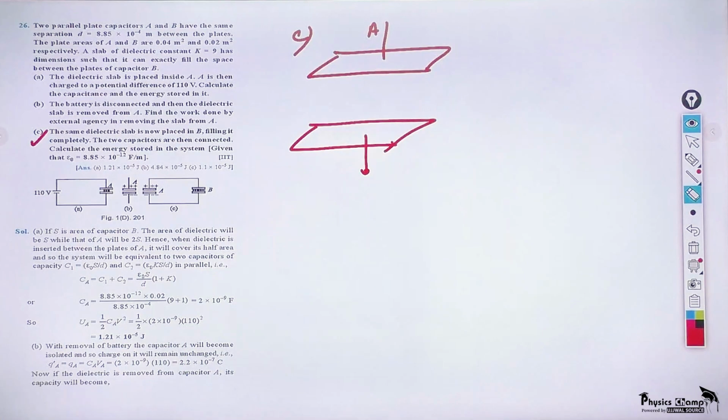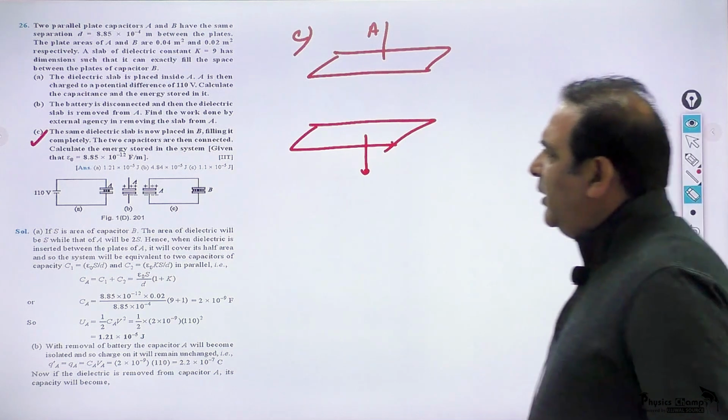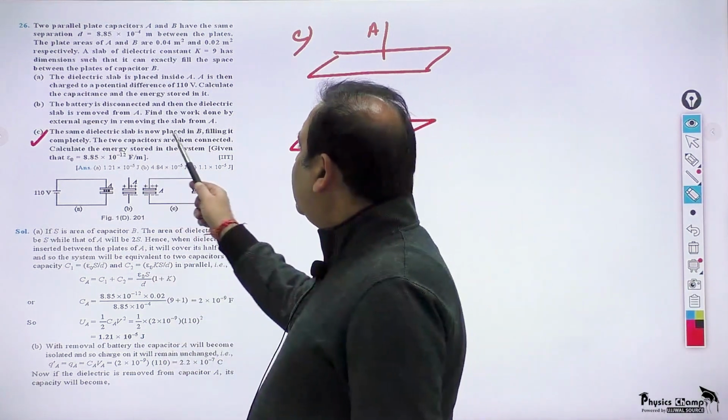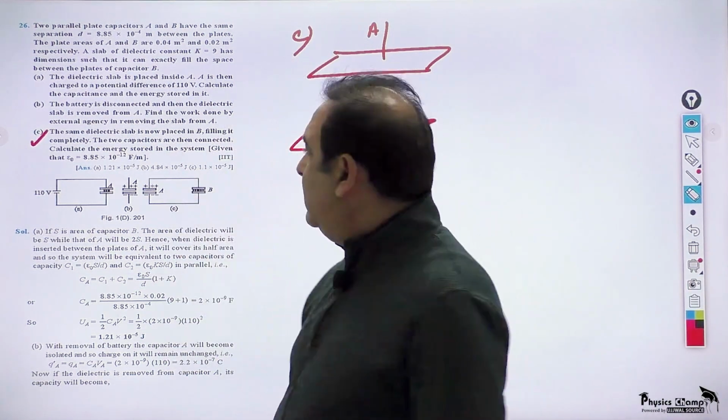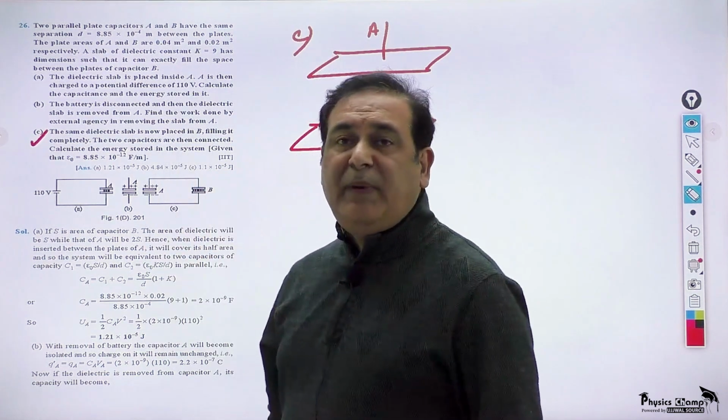Now looking at part C of the same question, it says the same dielectric slab is now placed in B, filling the plate B completely.